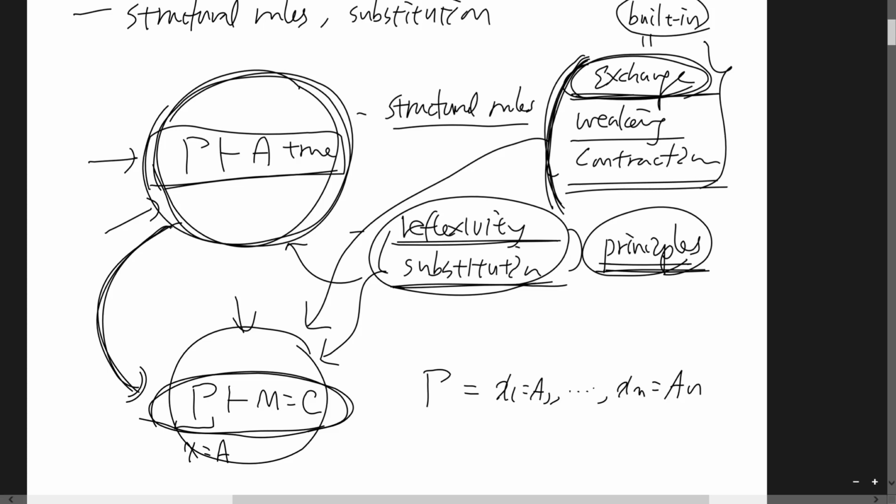So the ordering of these type bindings is immaterial. You may exchange them as you like. It doesn't change the meaning of the judgment.